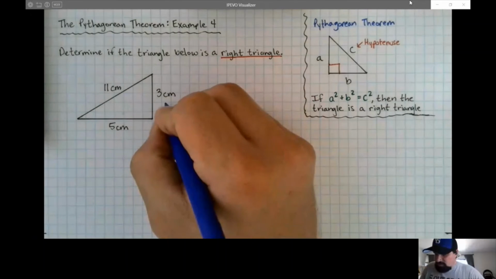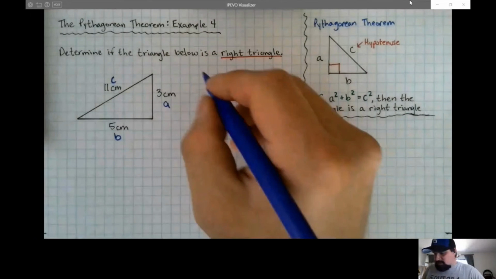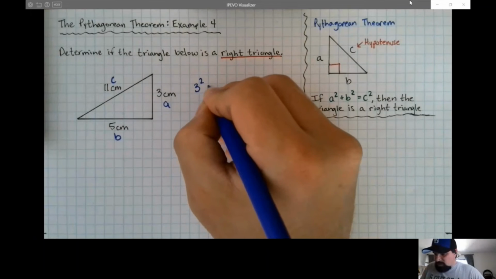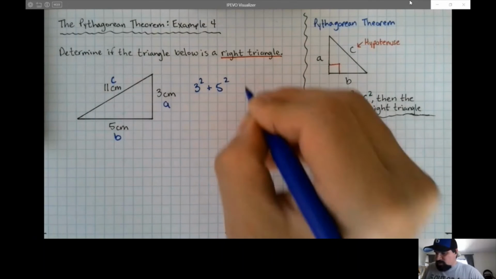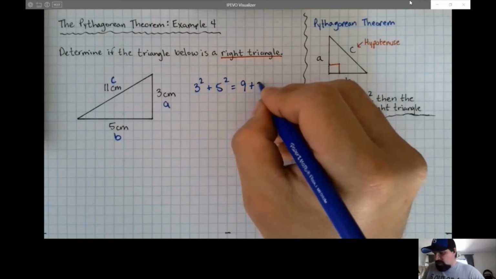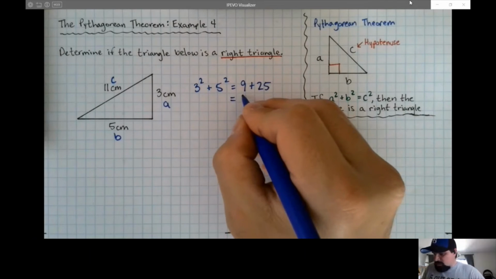So we have a, b, and c. A squared plus b squared will be 3 squared plus 5 squared, which equals 9 plus 25. That equals 34.